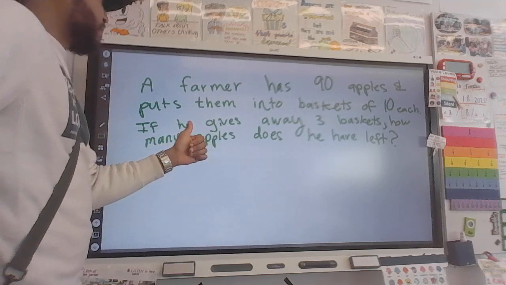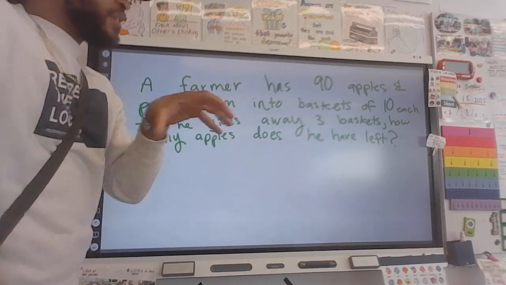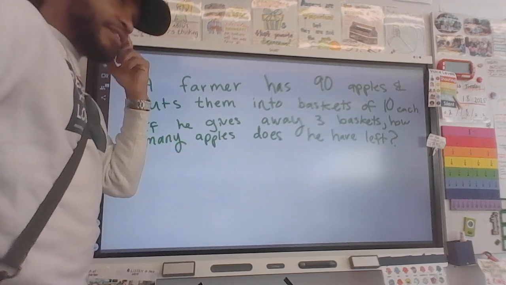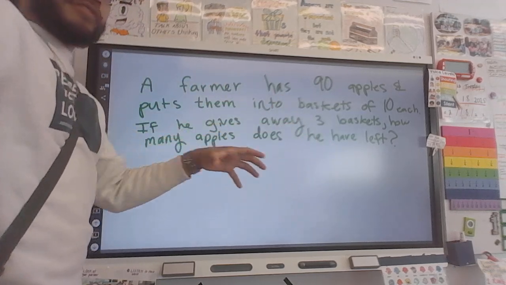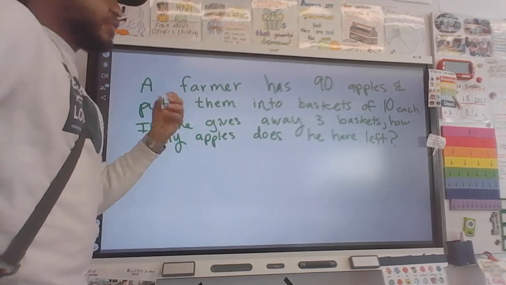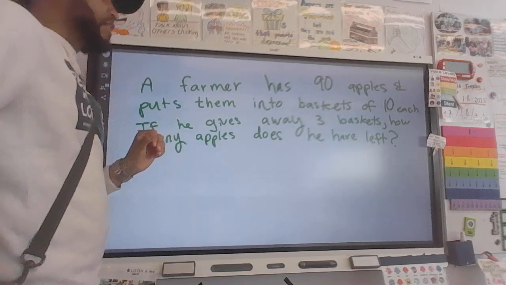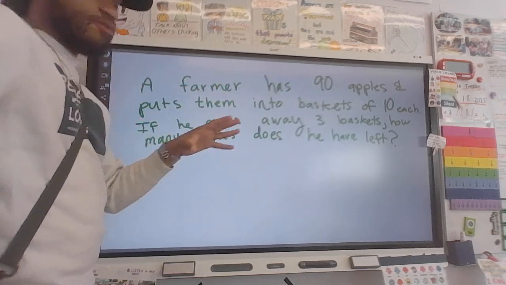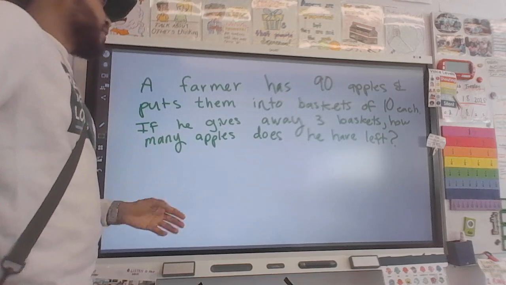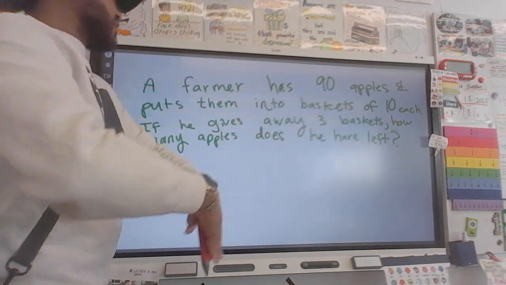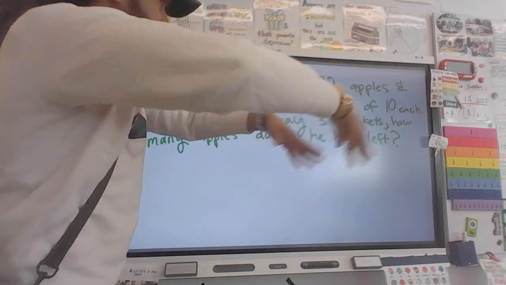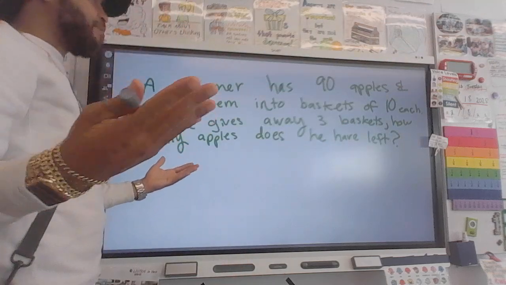That farmer puts those apples into baskets, and I'm using my hands to feel it and to fully understand. So into baskets. You can practice this at home also. Then he gives away some baskets. Take it, take it, take it. How many apples does he have left?